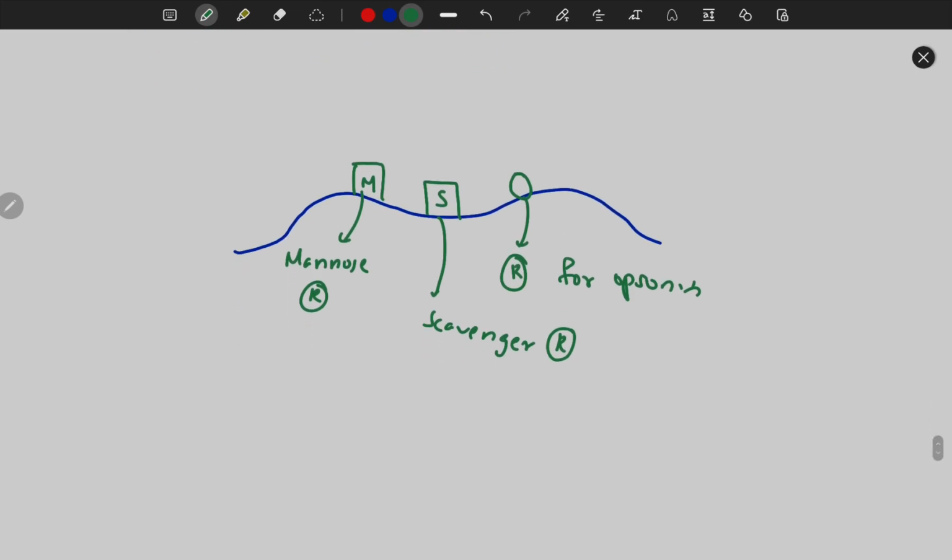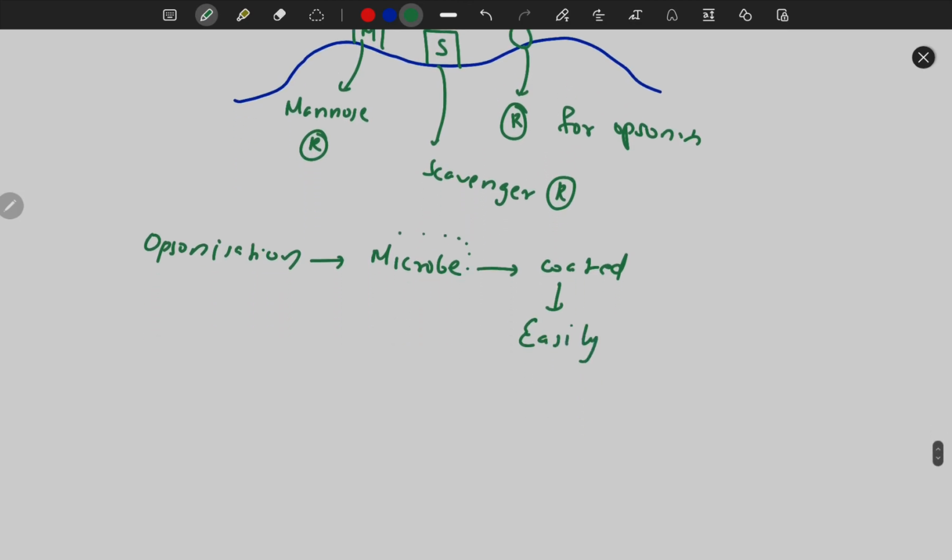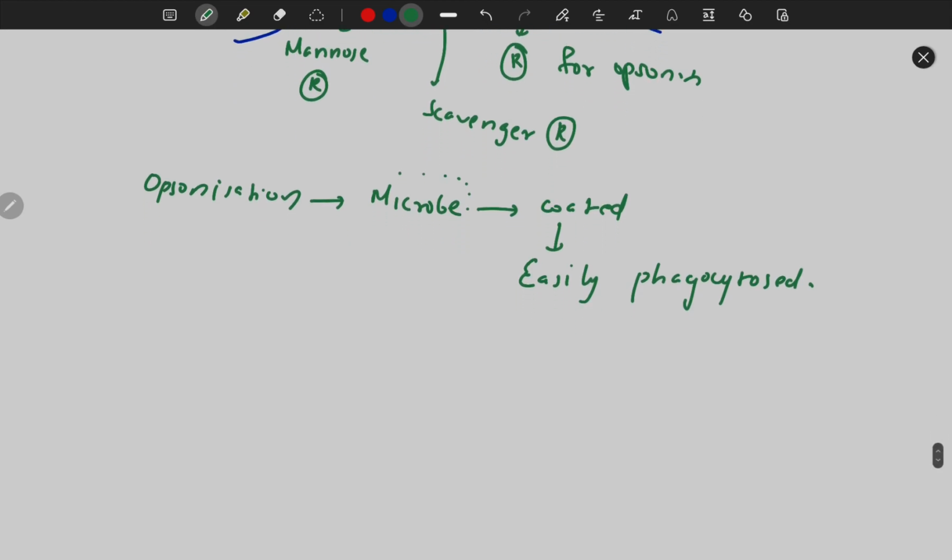So what is actually opsonization? Opsonization is when there is a microbe, and that microbe is coated so that it can be easily phagocytosed by the phagocytic cell. So what are the opsonins?